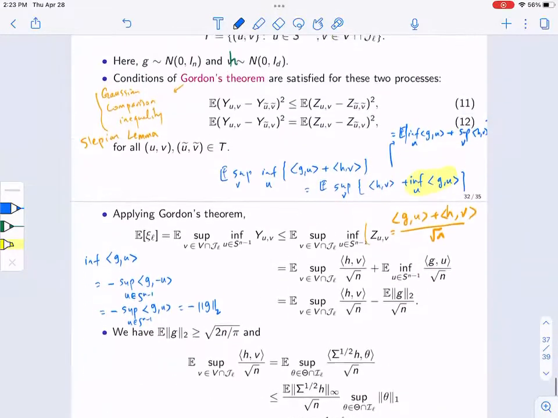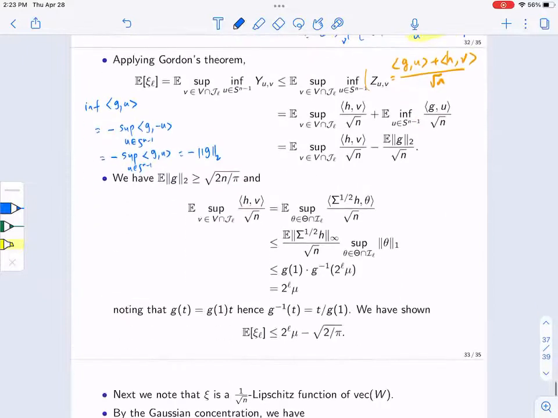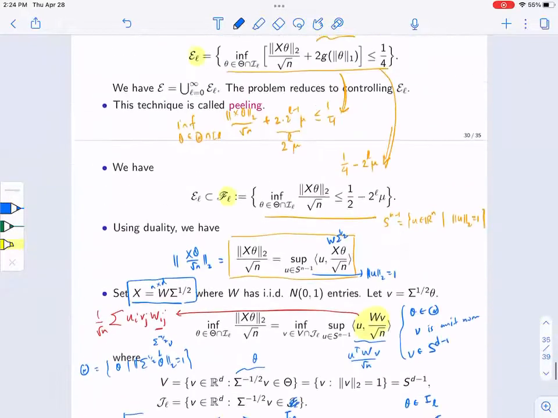This is again a little bit tricky because I have to remind you what this J_L is. J_L is the set of all V such that sigma to the minus 1/2 V is in I_L, right? And I_L was the set of all theta such that G, what was it?